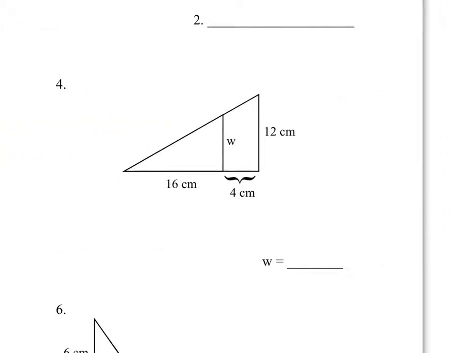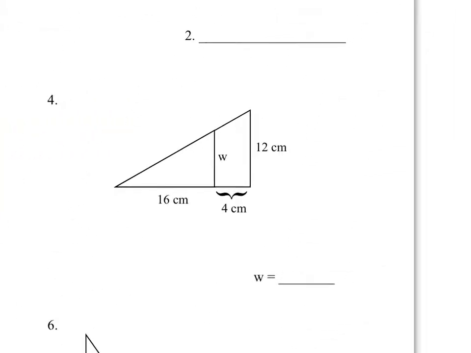this one, just like number 6 as well, is a little tricky because there are 2 triangles here, but one is nested inside of the other one. So I'm going to draw these separately for you to make this a little more clear.